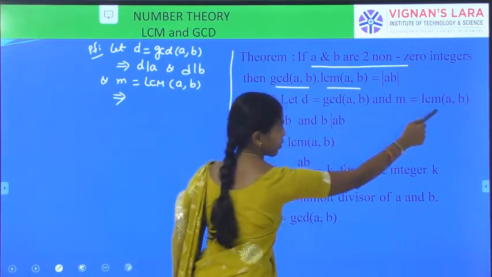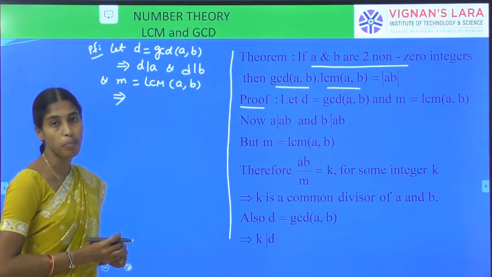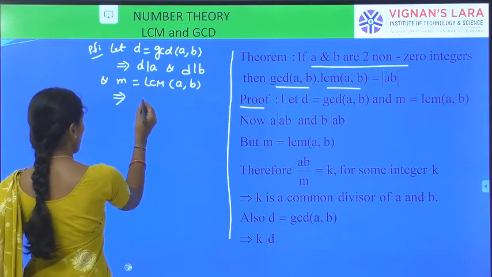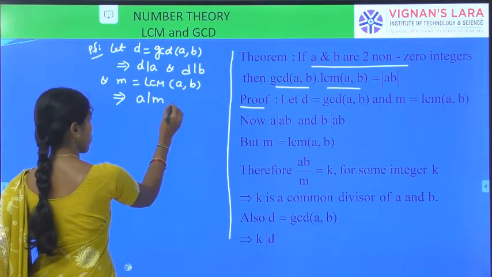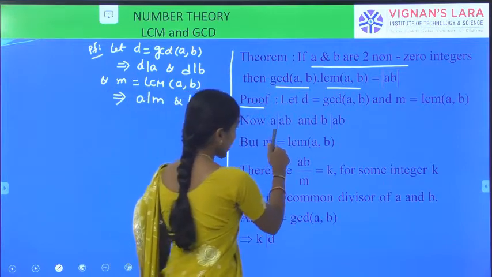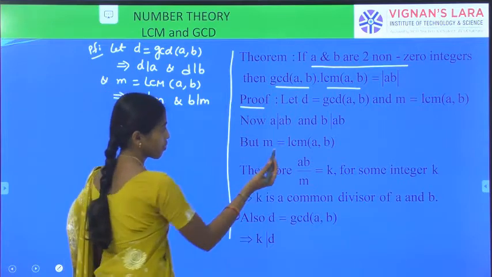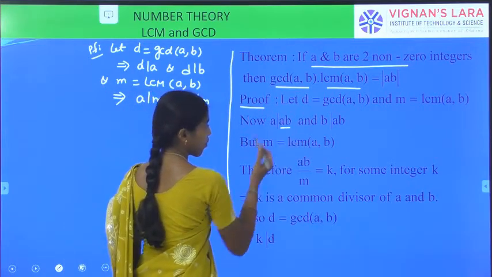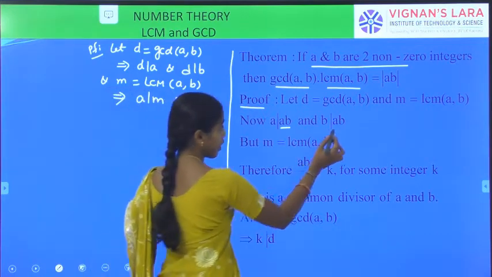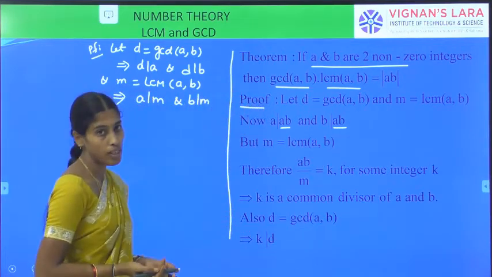Again, M is equal to LCM of A comma B means that M is the least common multiple. That means M is a common multiple of both A comma B, meaning that A divides M and B divides M, right? Now AB is a multiple of A, so A divides every multiple of A. Similarly, AB is also a multiple of B, and B divides every multiple of B.